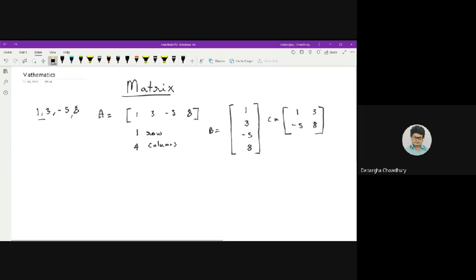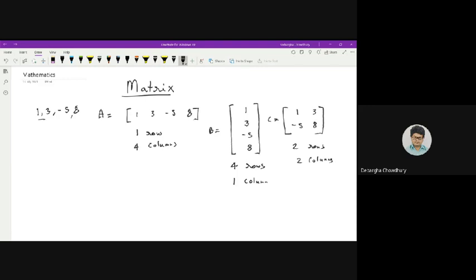Similarly, B has four rows and only one column. And the last one, C, has two rows and two columns.